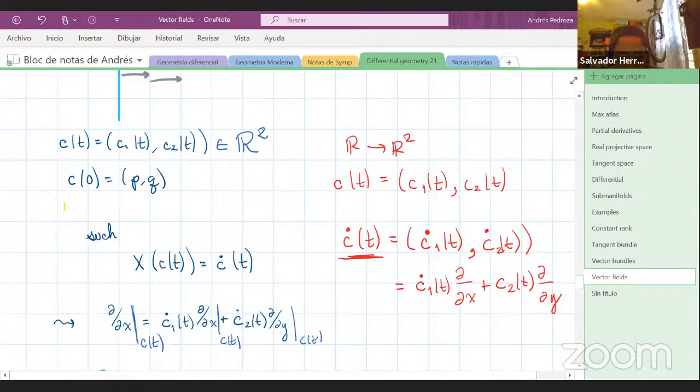Yeah, I wanted to think of C as just a vector, but yeah, I forgot that it's just equivalent.